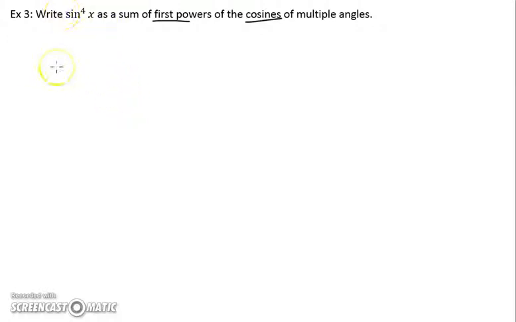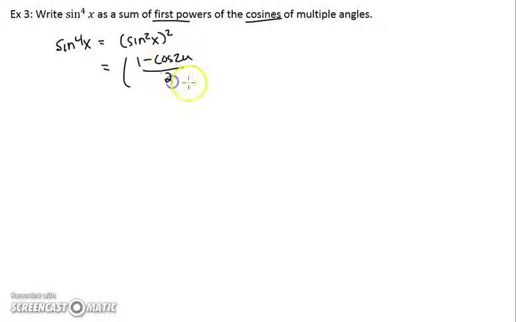So what we can do first is we can think of sine to the 4th of x being sine squared of x, squared. And what that's going to allow us to do is use our power reducing formula to turn sine squared of x into 1 minus cosine of 2u over 2, and then square that.